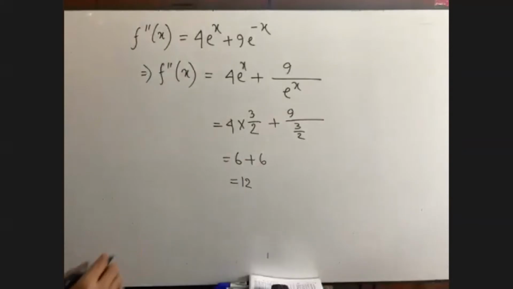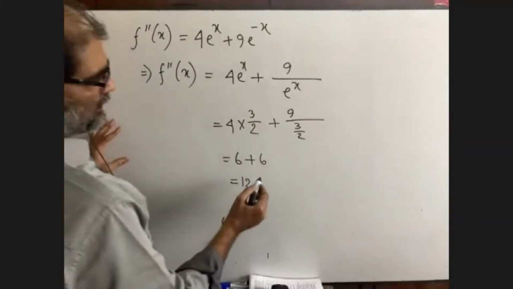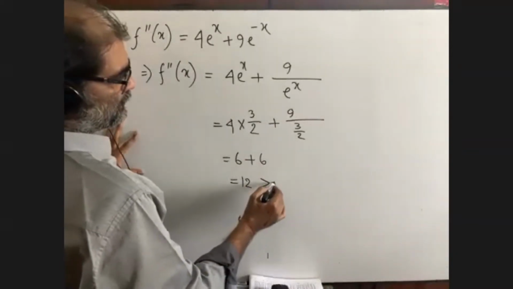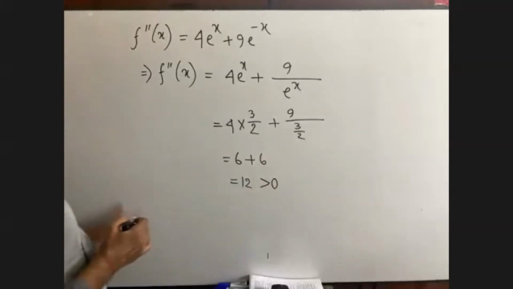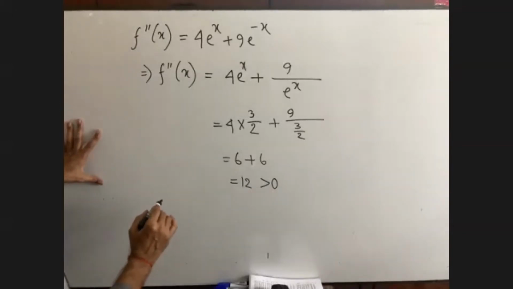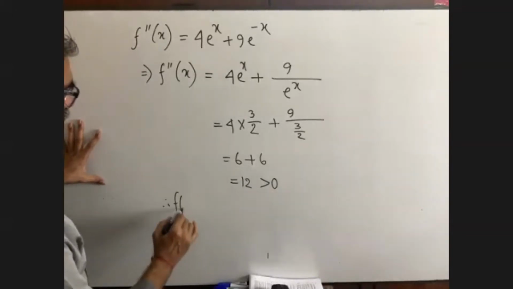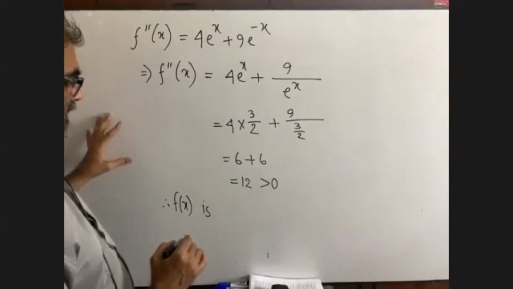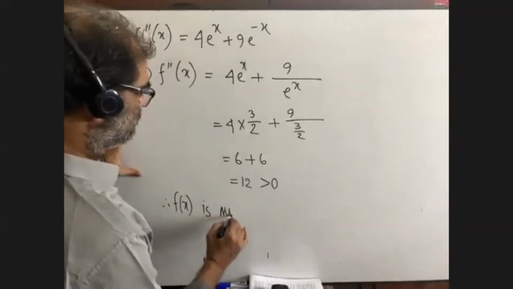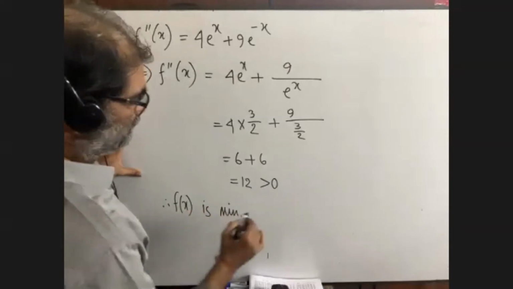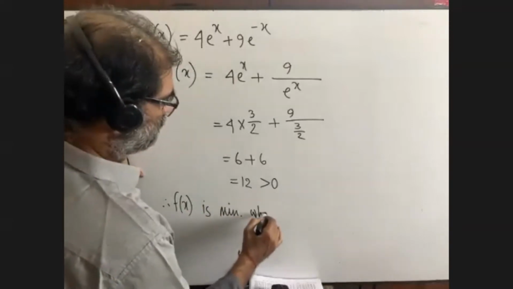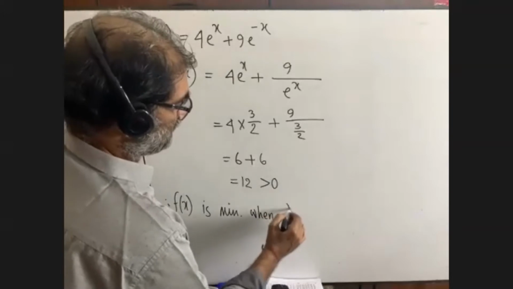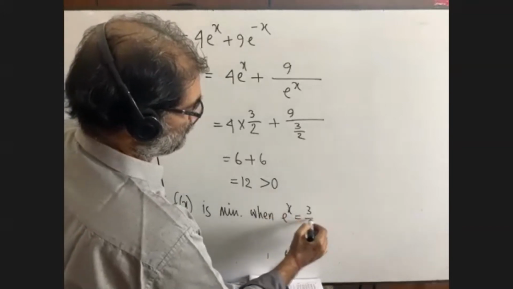Is it okay? Now, this is greater than 0 or less than 0? Greater than 0. Therefore f(x) is minimum when e^x is equal to 3 by 2.